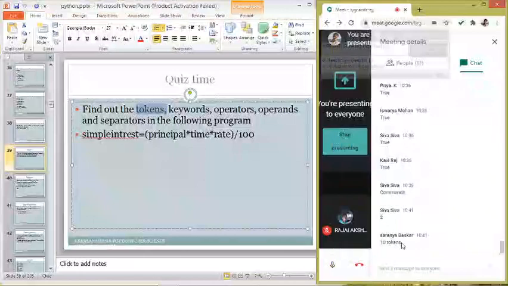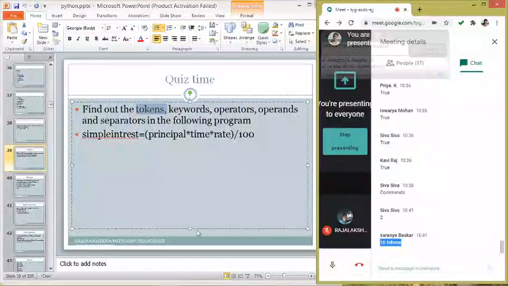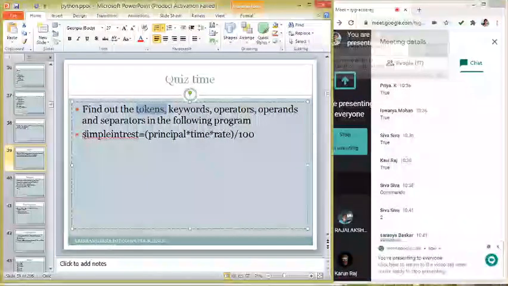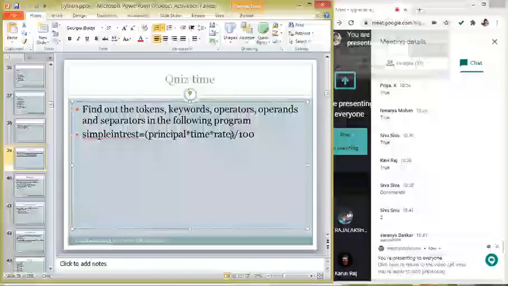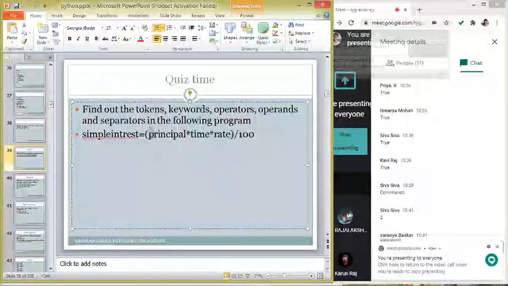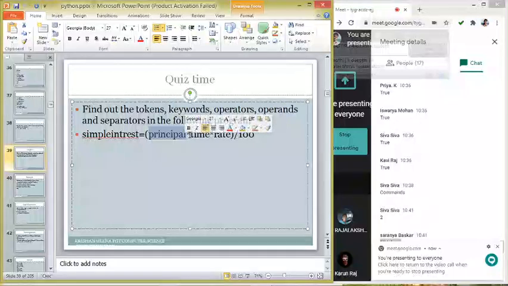So Saranya is telling that there are 10 tokens. Okay, let us check Saranya's answer. Simple interest is token number 1. The equal is token number 2. These bracket and these bracket is token number 3. Principal is token number 4. Multiply is 5. Time is 6. This multiply 7. Rate is 8.